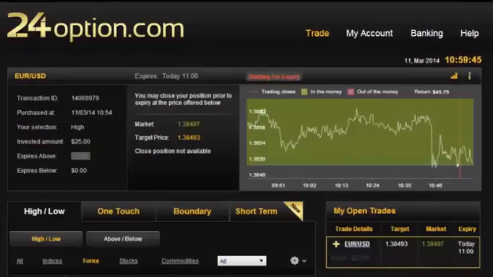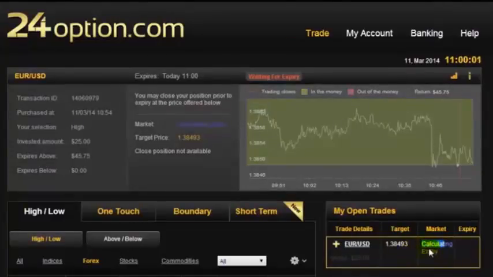Okay, so you see my trade is about to expire. My entry position was at 1.38493. Now the price is 1.38499. And as long as the closure price is above my entry price, it's going to be a winning trade.